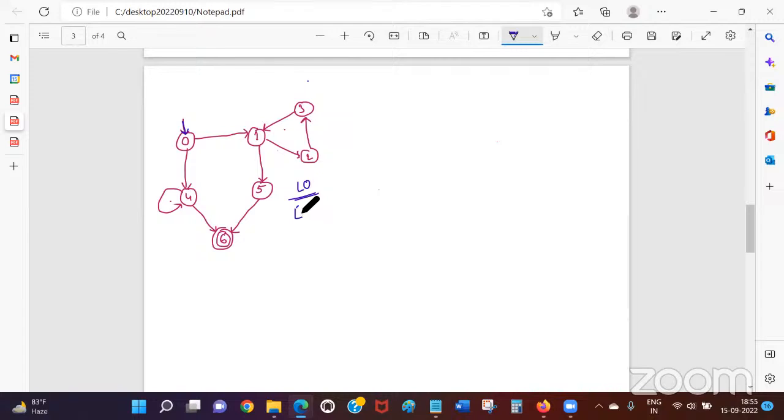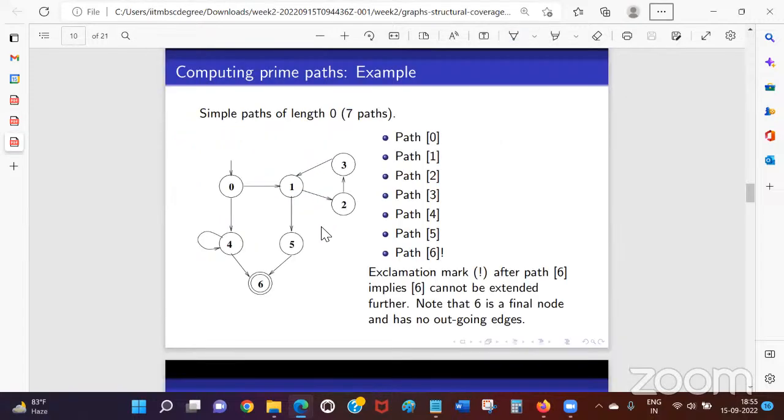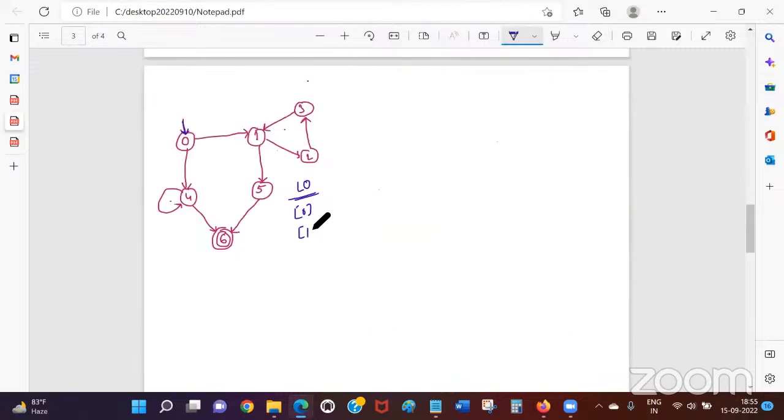So that's node 0, node 1, node 2, node 3, node 4, node 5, node 6, right? One.